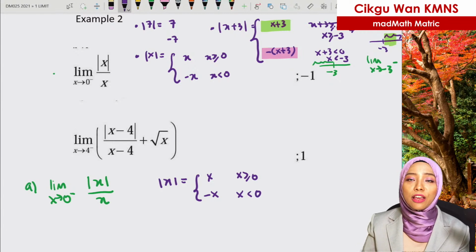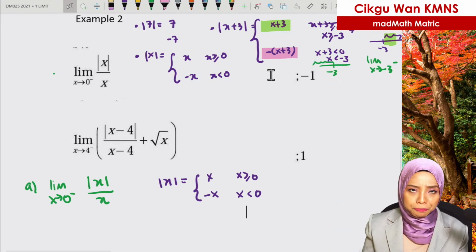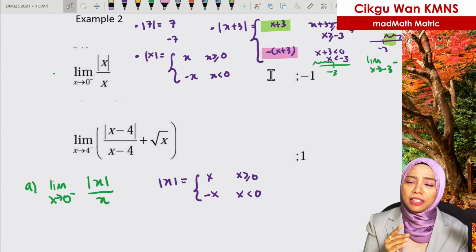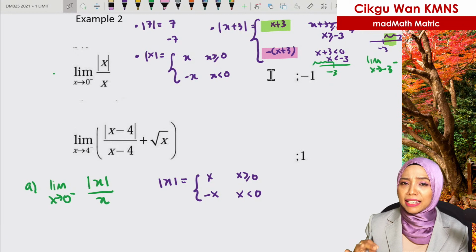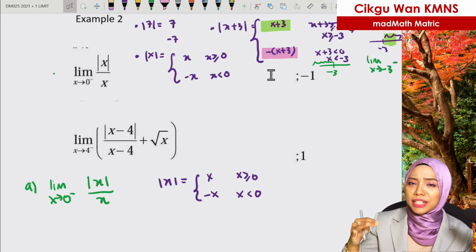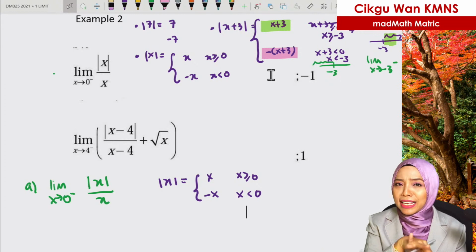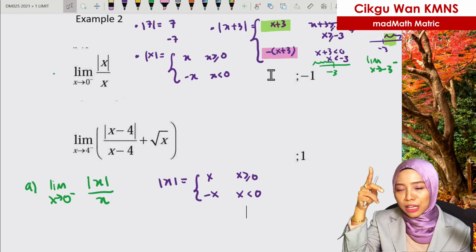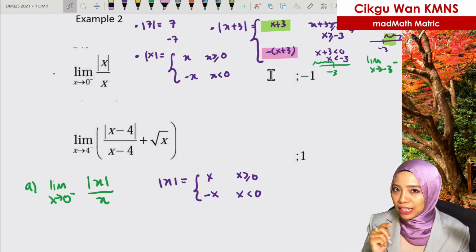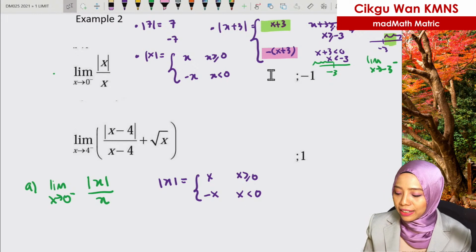If any one of you still asks me why the equal sign is at the top, actually you can choose top or bottom, but usually we write it at the top. Does it matter? In this case it doesn't matter because we are looking at the limit as x approaches 0 from the right, which is greater than 0, and from the left, which is less than 0. At the value 0 itself, we don't care. Itu nanti belajar tahun depan. You don't need that now.